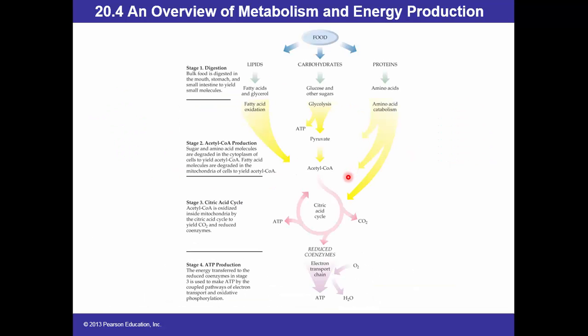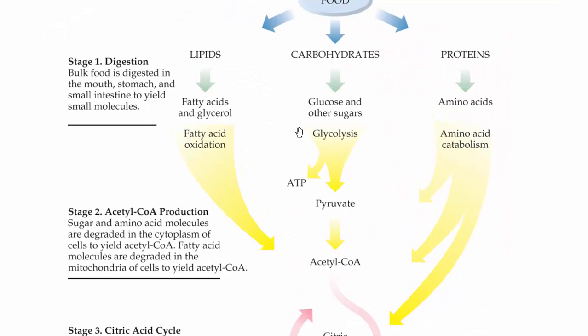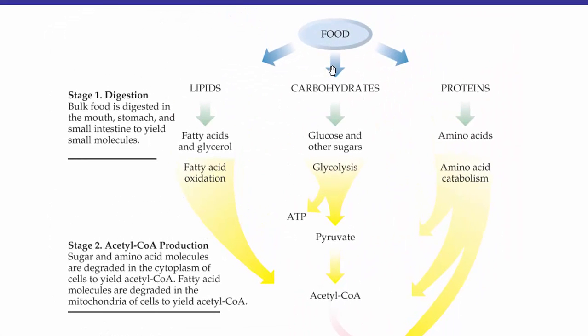Now an overview of metabolism and energy production. Notice here we have food. We have three major types of biomolecules. Lipids, carbohydrates, proteins are broken down: proteins into amino acids, carbohydrates to glucose and other sugars, lipids to fatty acids and glycerol.